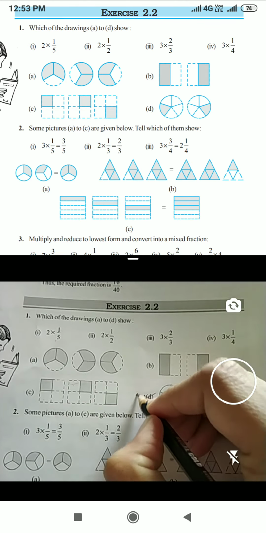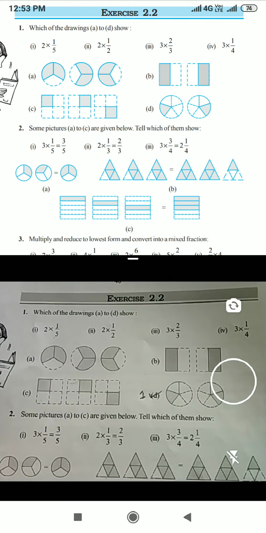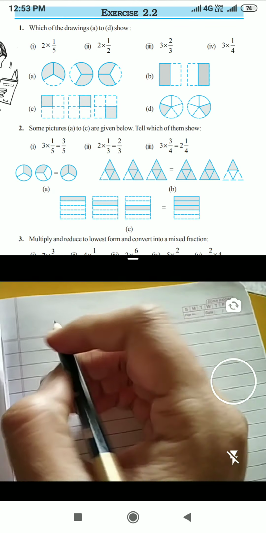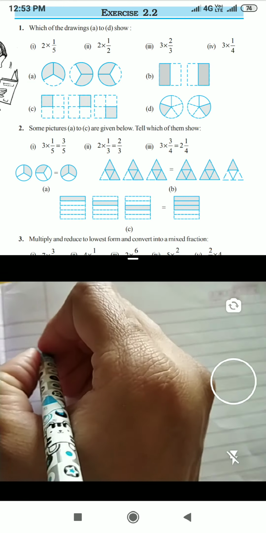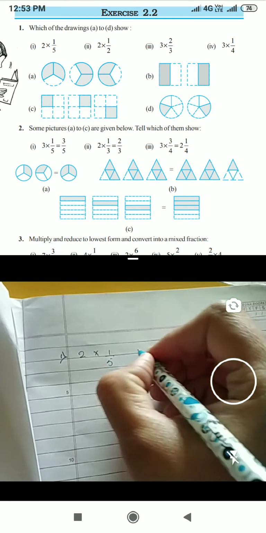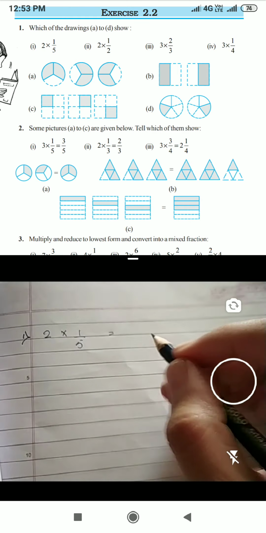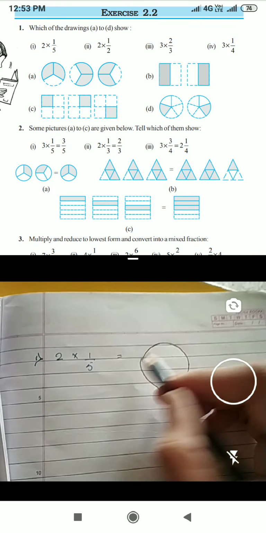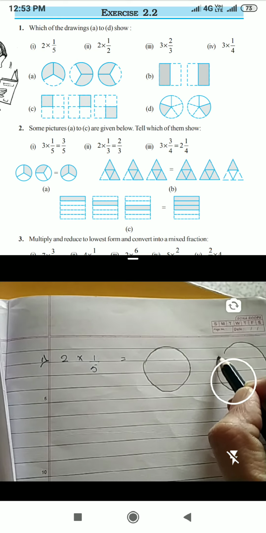This is our first answer. Now how to write it in your CW? First you have to copy this question. Then you have to take a pen and write 2 into 1/5 is equal to, then draw the figure. You use a protractor to draw 2 circles.